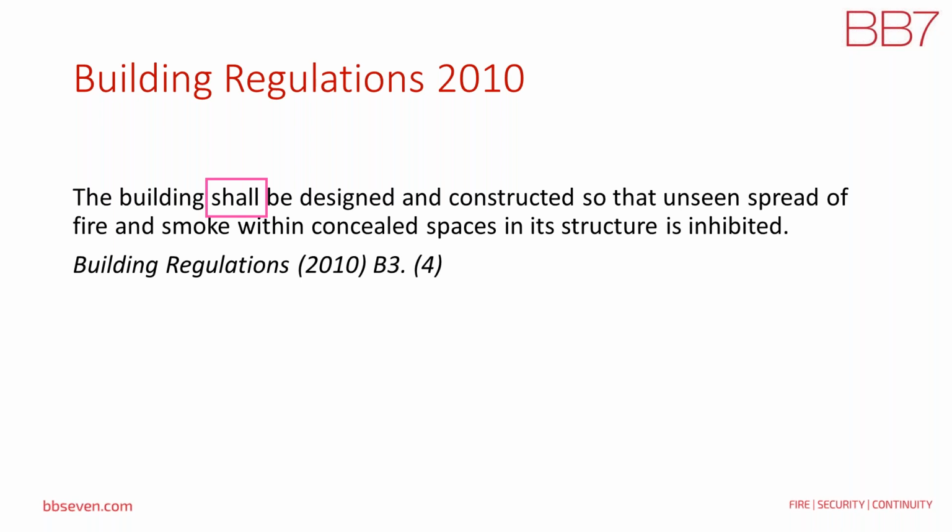So to comply with the building regulations, which is the law, remember, you shall design it and construct it so that you don't spread fire within the concealed spaces. Now, this not only affects the external wall, but also the internal parts of the building. So it doesn't just focus on the external wall, it's for all of the building.